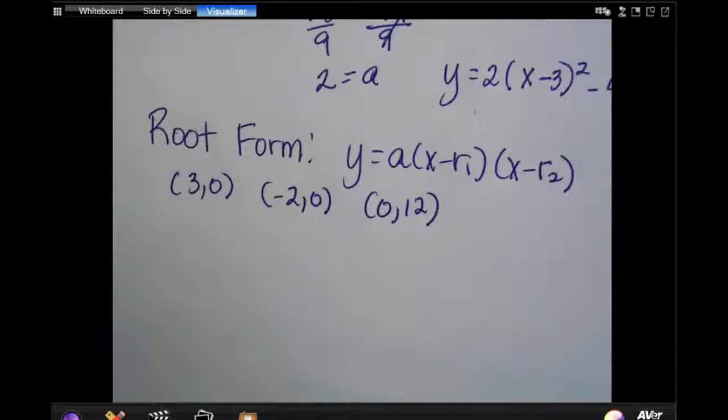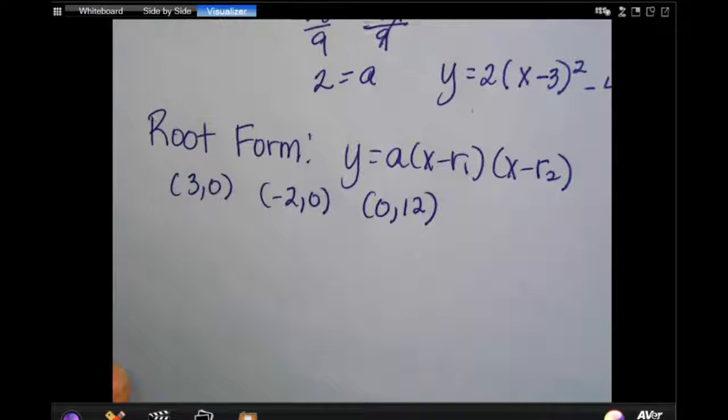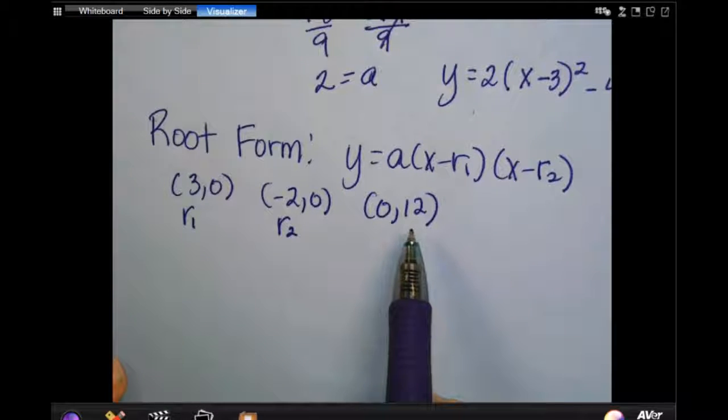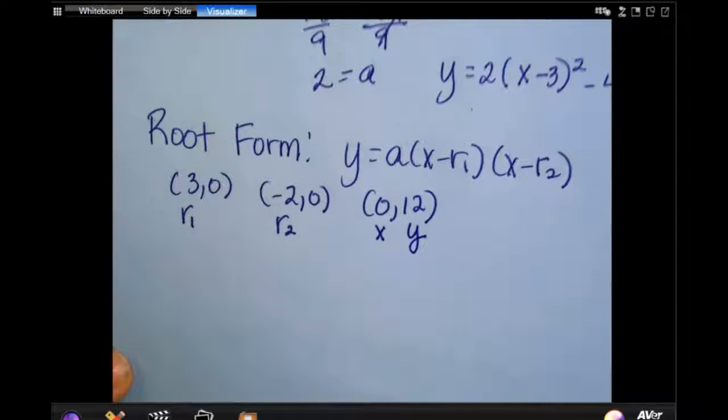By looking at the points, what is that? These are my x-intercepts, and what's this? My y-intercept, right? You're right, this is my y-intercept, but can I use that as a point on the parabola? Because it is a point on the parabola, right? So this is my x, and this is my y. Now, do I have everything except a? So I can solve for the a one more time, right?